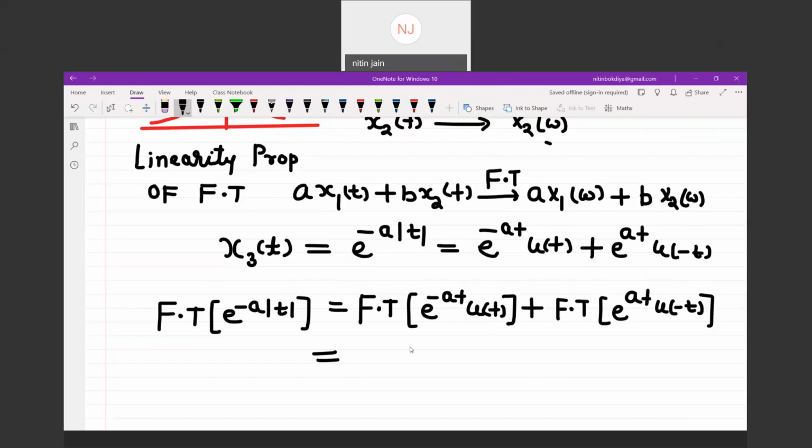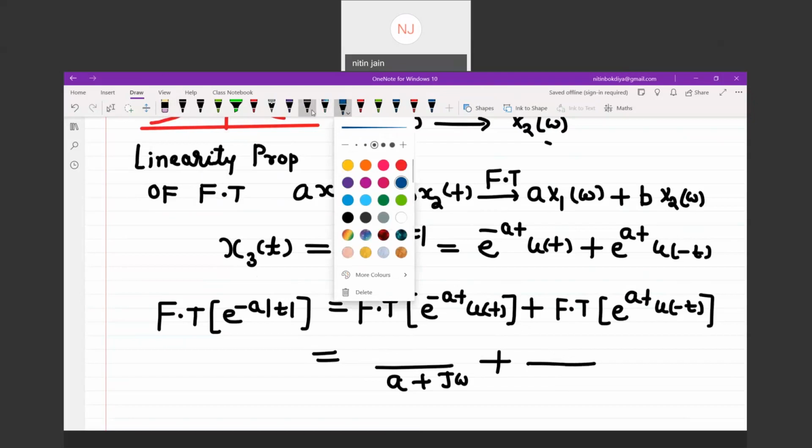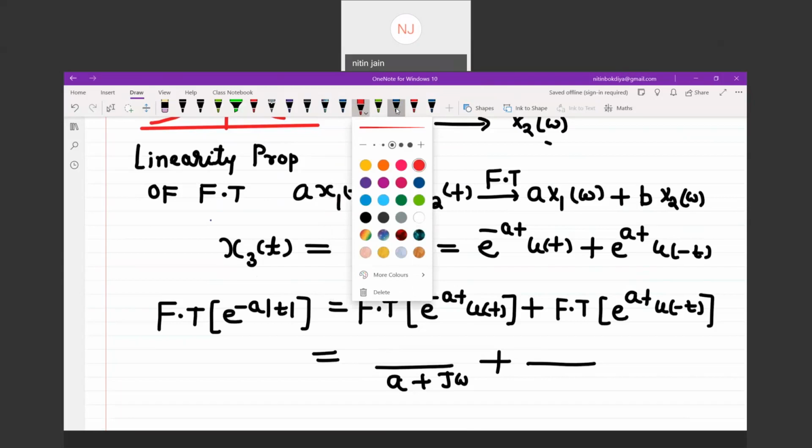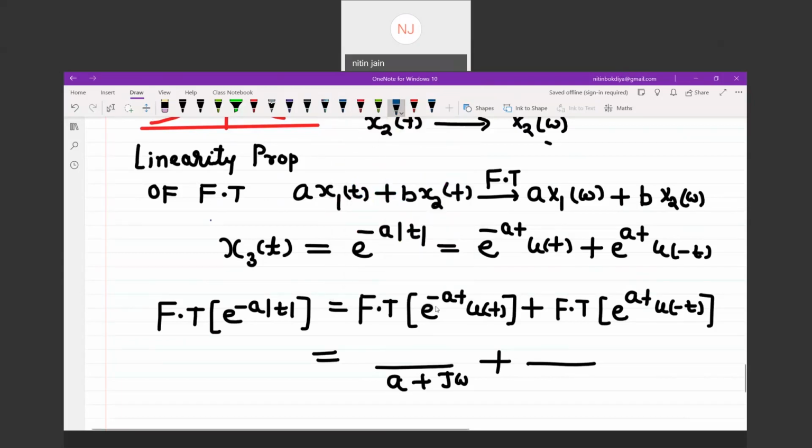The Fourier transform of the first function is 1 divided by a plus iota omega, plus the Fourier transform of the second function, which is 1 divided by a minus iota omega. This is X(omega).